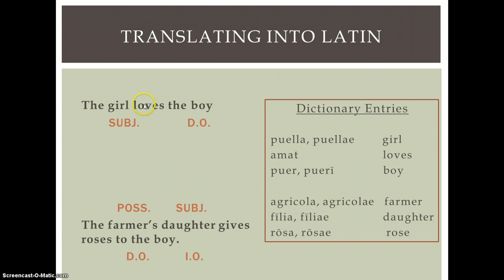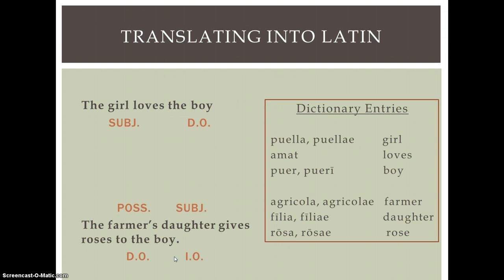The girl loves the boy, and the farmer's daughter gives roses to the boy. We already identified these sentences by their function, so we already know that the girl is the subject of this first sentence and that the boy is the direct object. We already know that farmer is showing possession, daughter is the subject, roses is the direct object, and boy is the indirect object for this second sentence.